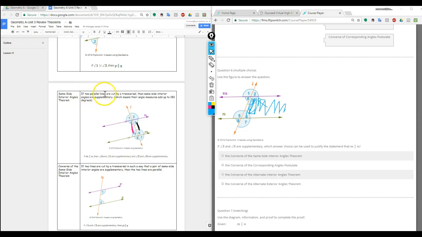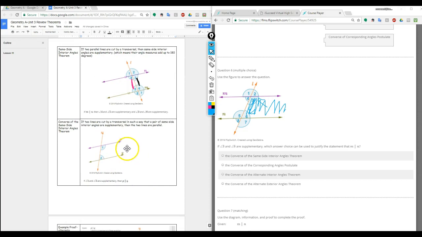This says, the converse of the same side interior angles: if two lines are cut by a transversal in such a way that a pair of same side interior angles are supplementary, then the two lines are parallel. Okay, well we have the exact same thing. Angle 1 and angle 2, it's just called angle 3 and angle 6 on ours. And if they are supplementary, then we can say the converse of the same side interior angles theorem justifies the statement M is parallel to N.